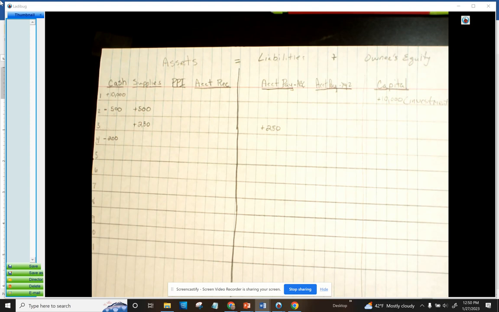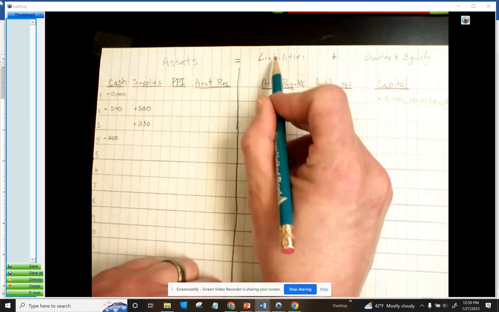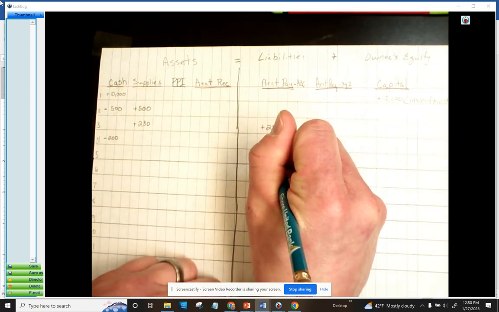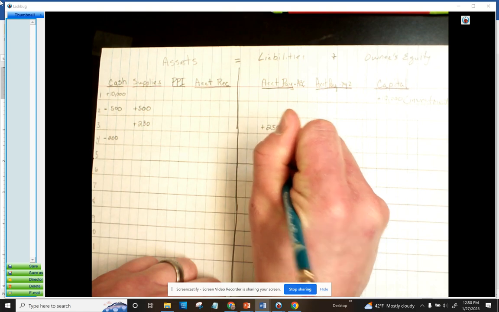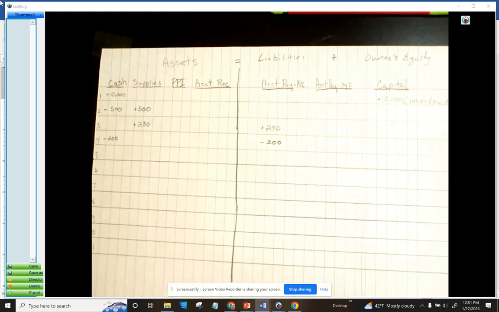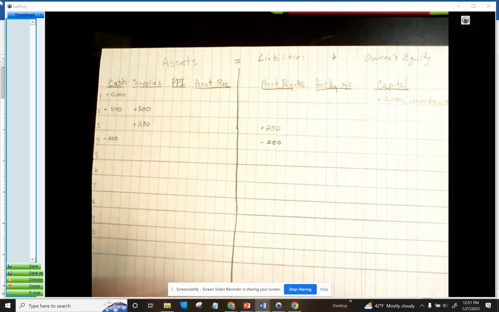So we are going to make our cash go down 200, which makes our assets go down 200. We are going to make our liabilities go down 200 also, because we don't owe them that money anymore, because we just paid them. All right, so we'd have a balance of $50 in there then after that.